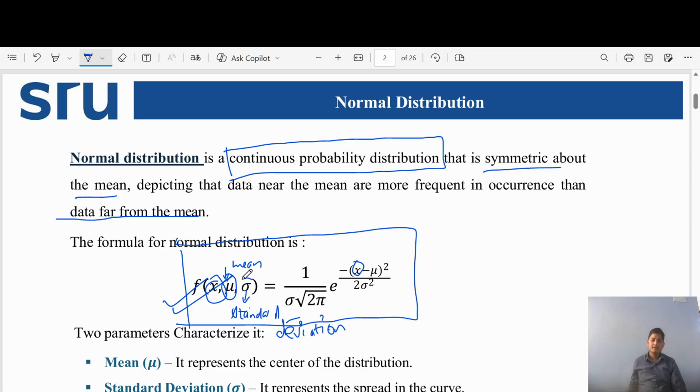Because mu and sigma are provided in the question, you just put in their values, and for which value of x the distribution occurs is evaluated by this formula. So mu is the mean, it represents the center of the distribution, and standard deviation represents the spread in the curve.